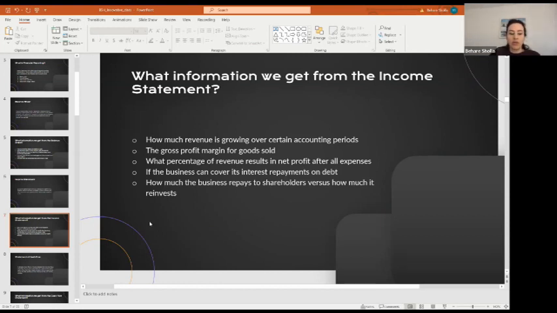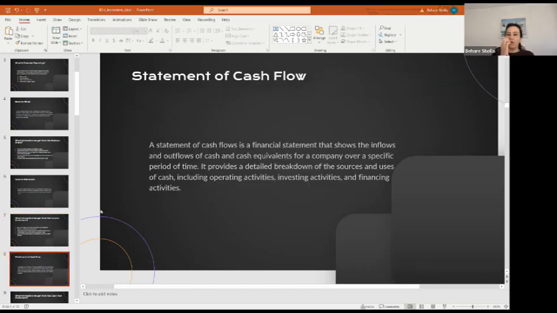This decision, of course, depends on the nature of the business and the strategy, whether the strategy is, for example, to reinvest in research and development, or to pay shareholders, or to invest in expanding the business, and so on. Okay, before we go to the statement of cash flow, do you have any questions or something that you would like to discuss more about the income statement?